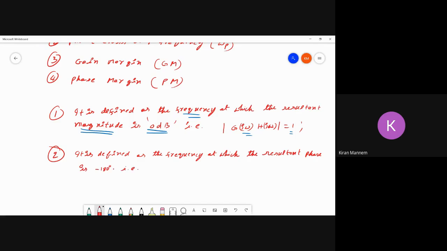That is, the phase angle of G of j omega into H of j omega must be equal to minus 180 degrees. Okay. You must remember these two points.